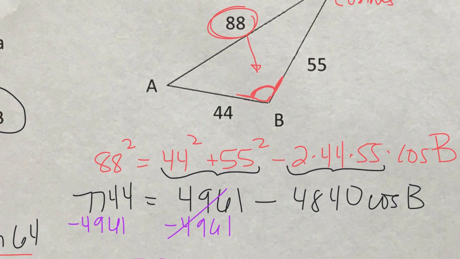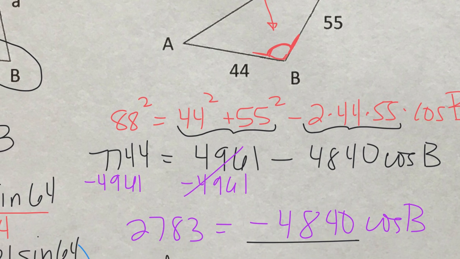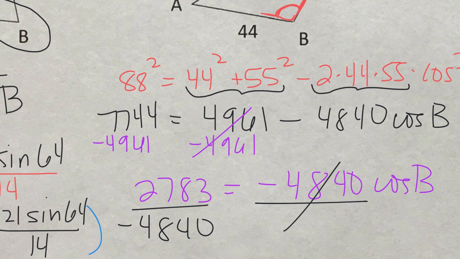That's 2783 equals negative 4840 cosine of B. Divide both sides by negative 4840. Negative 0.575 equals the cosine of B.